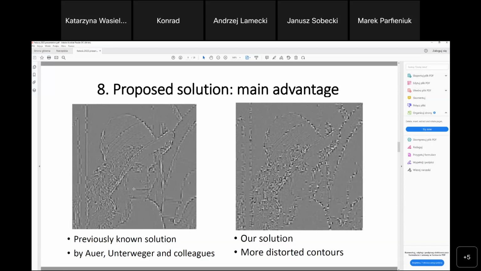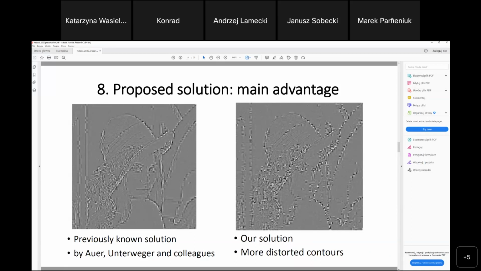This is a result from one previously known solution proposed by Unterweger and colleagues, while on the right-hand side we can see the image decoded from the encrypted stream produced by my solution.